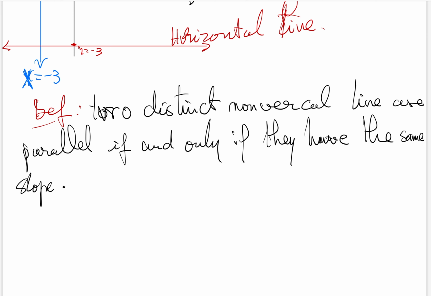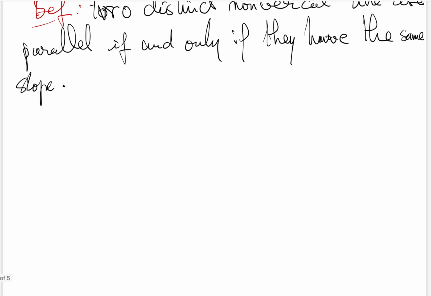Got it? If they have the same slope, then they are parallel. Now, another definition, which is a strong one also. So you have to remember and know those definitions. It will help you to do your exercise.